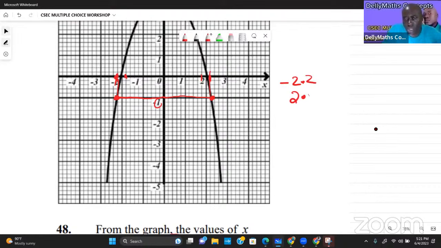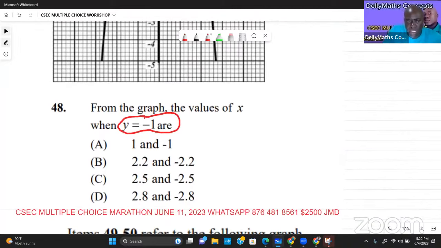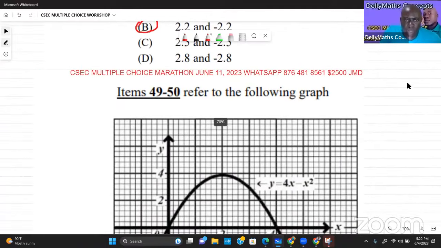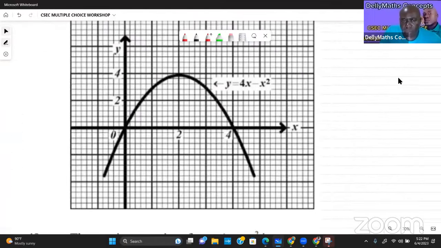All right, so just look carefully. 2.2 and -2.2. Yeah, the answer is B here. Good. We have to take a good look at the instructions so we don't err. All right, we are getting there.